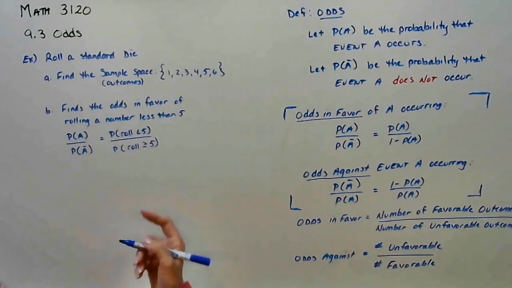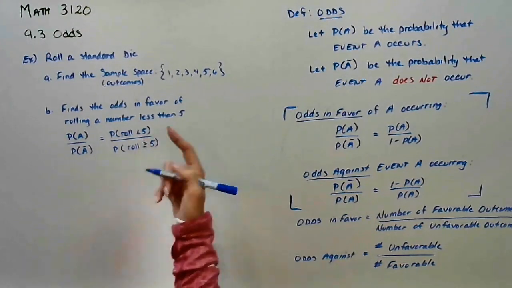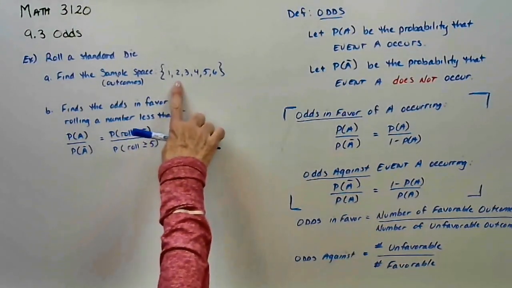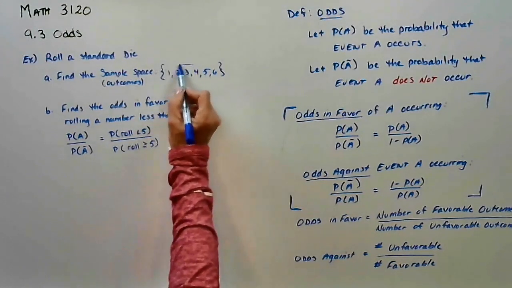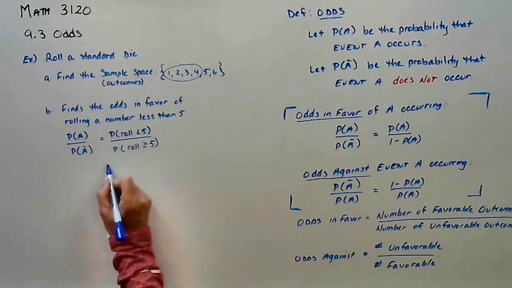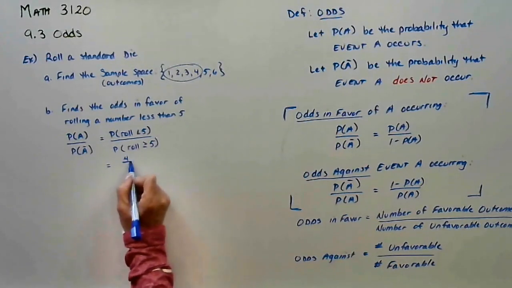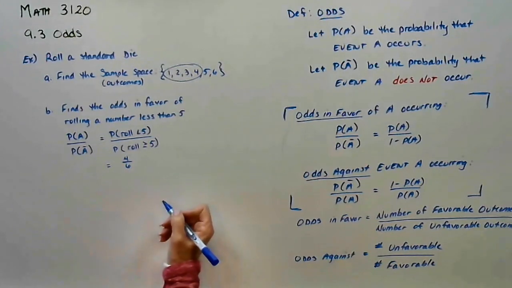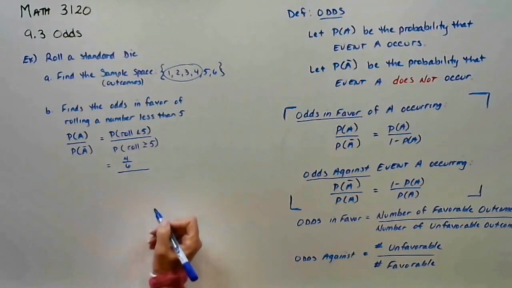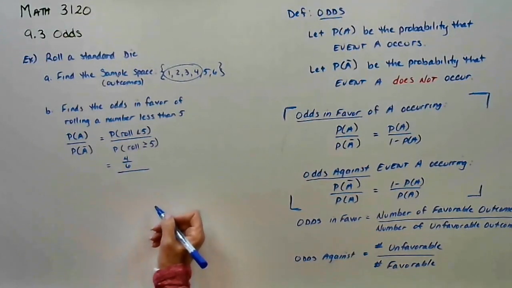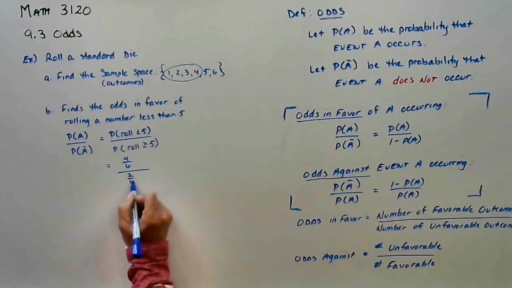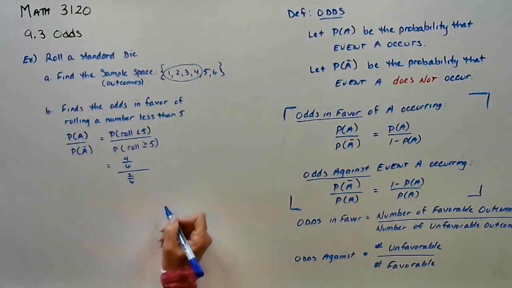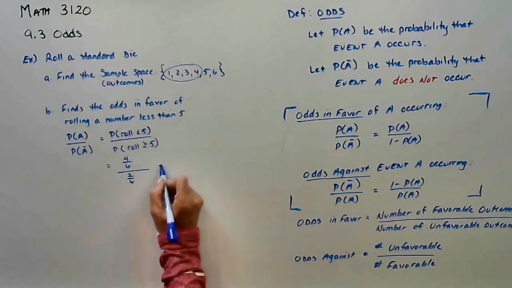Well, how many ways can we roll a number less than 5? I have 1, 2, 3, 4 numbers that I could have that are less than 5 right here. So this would give me 4 out of 6 ways to roll a number less than 5, divided by how many ways can we not roll a number less than 5? 2 out of 6. I'm going to go across to save some space.